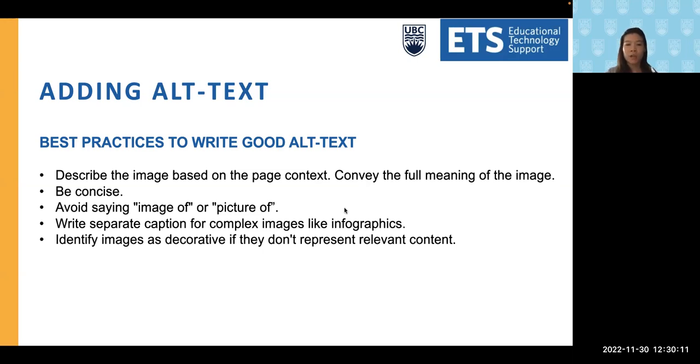And if you do have an image that has a complex idea, such as infographics, you can write a separate caption underneath it, rather than using the alt text. And if you have an image that is only for decorative purposes, you can just mark it as decorative, if it doesn't represent any relevant content to the material.